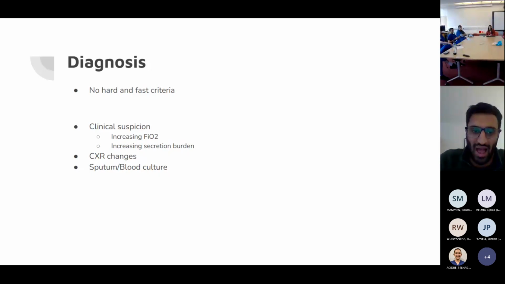We also want to look at our auscultation to help feed into that clinical suspicion. We want to look for chest X-ray changes, quite self-explanatory there. And we also want to make sure that our microbiology can help us. Particularly sputum cultures can give us a bug that would confirm our suspicions of a ventilator-associated pneumonia.